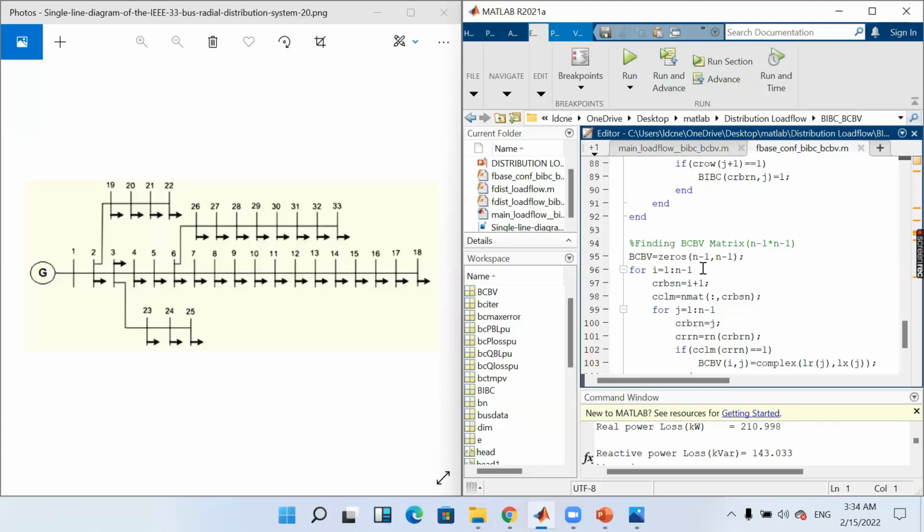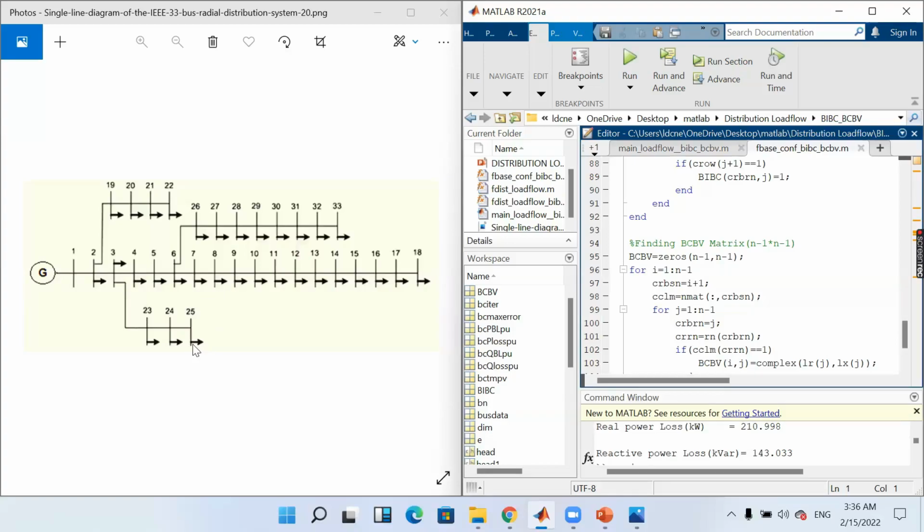If we add 1, that corresponds to 2 to n. So in simplified version, there are two steps. First step is to find the column of NMAT corresponding to that bus.